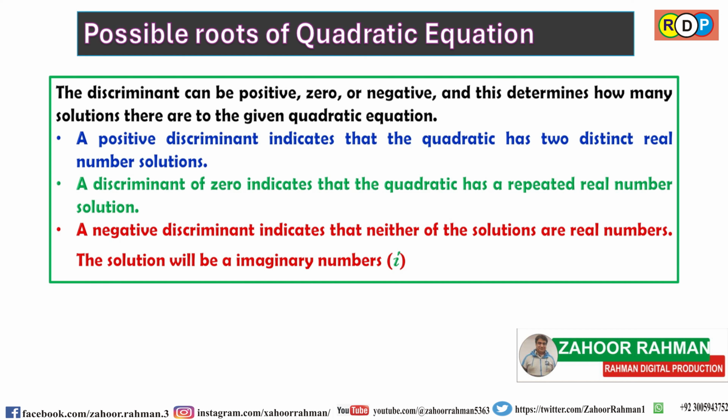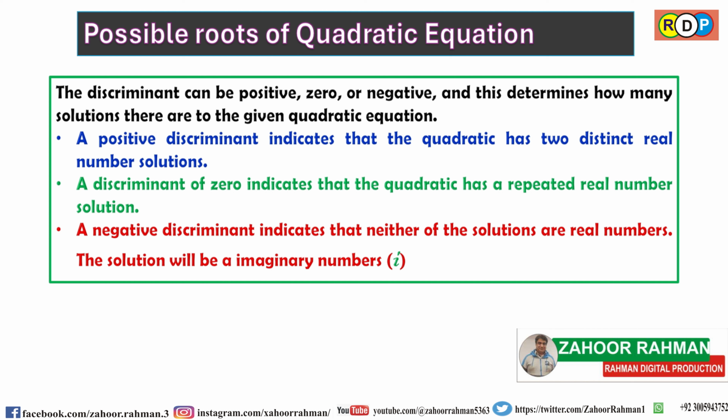In the first two cases, the positive discriminant and the 0, the imaginary part will be 0, and there will only be the real part. Remember, complex numbers are of the form a plus iota b. Iota indicates the imaginary part.